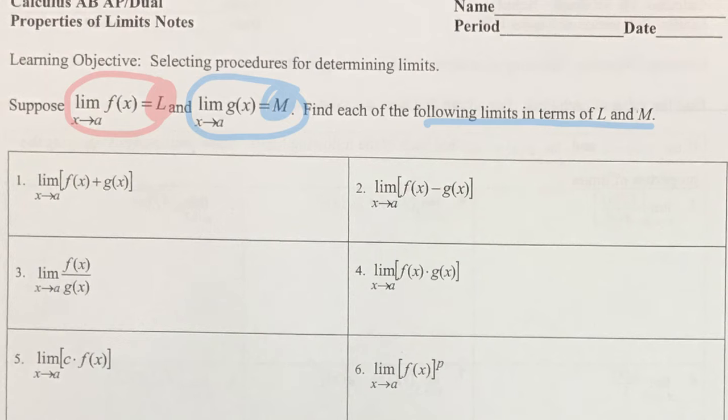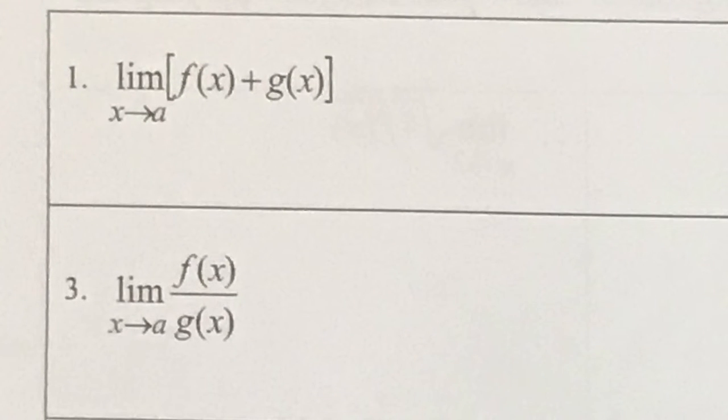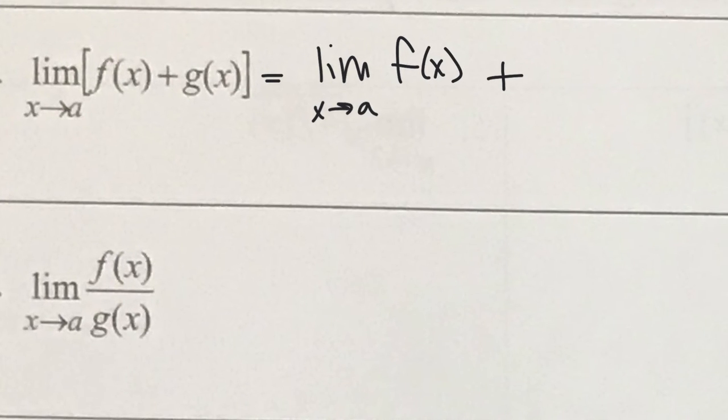Okay, so here are some properties that we're going to use every time we're talking about limits. Number one, the limit of a sum. So what we can do is split this into taking the limit of the first function as x goes to a, very formal, and add it to the limit of the second function.